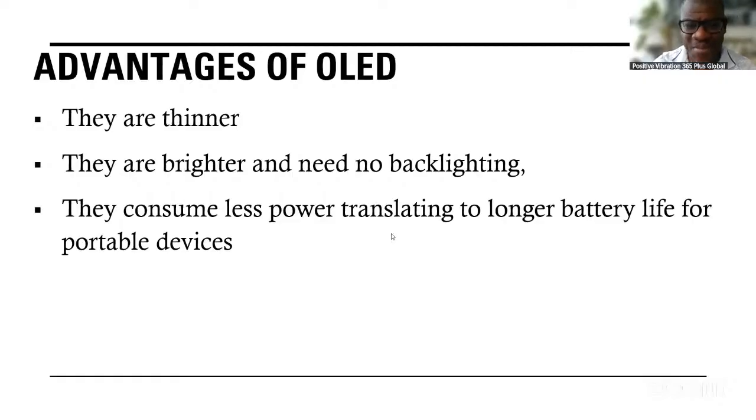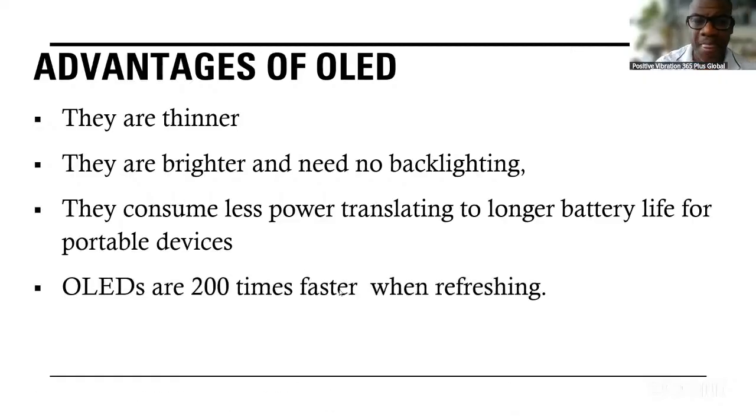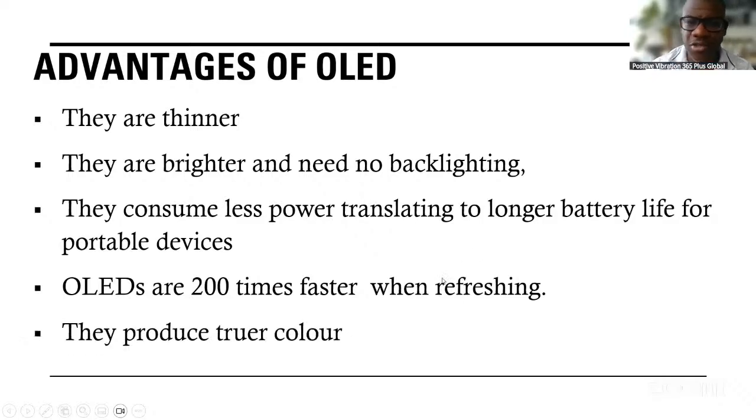You see what I'm talking about? So these are good. Now, when you refresh your screen, sometimes it takes long to come up, about 5 seconds. These are 200 times faster when you refresh them. So as you go blip, blip, blip, that's how fast it moves from one to the other. That's OLED. All right, cool.